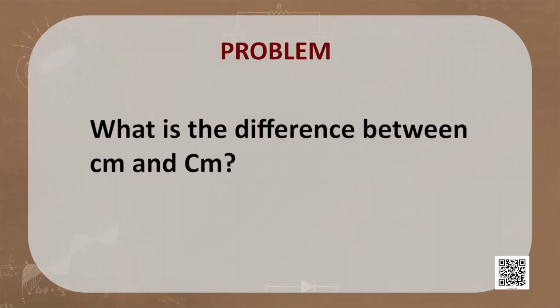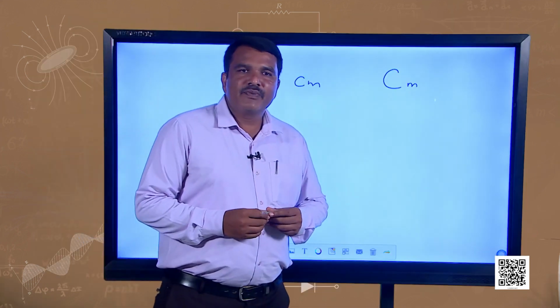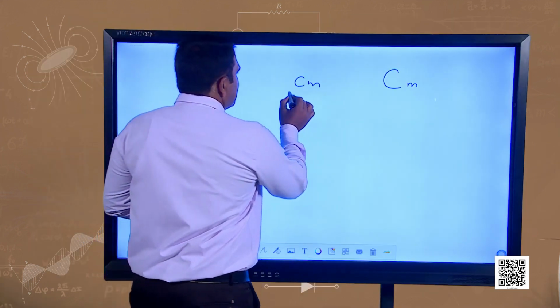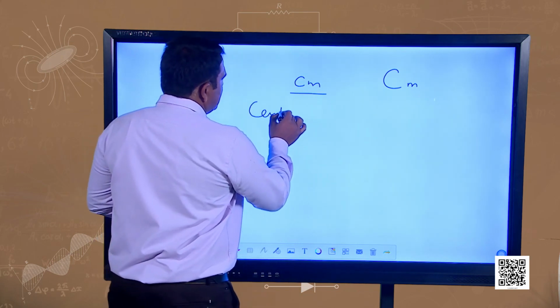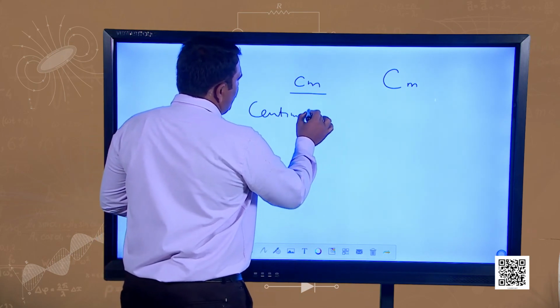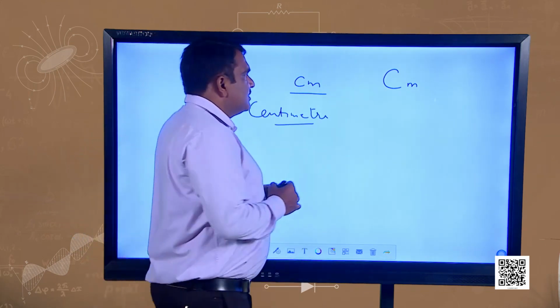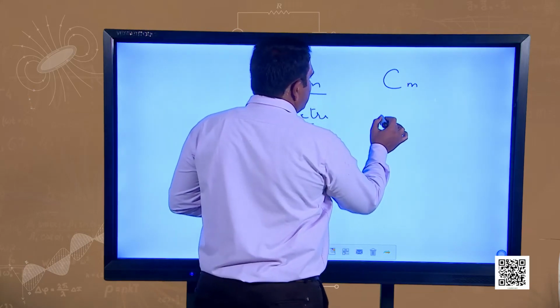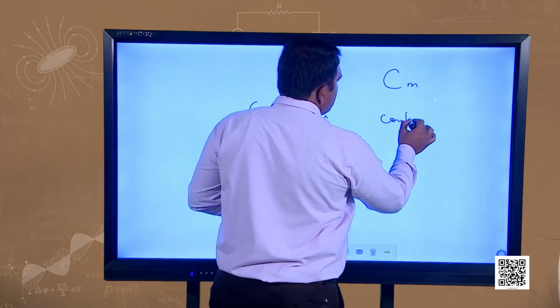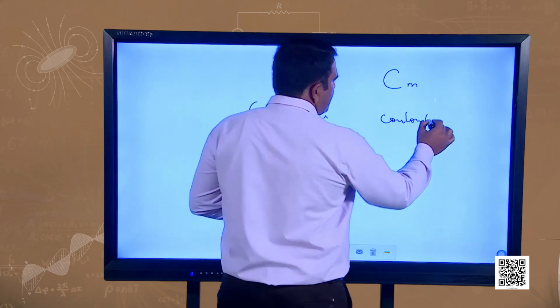Let us see another problem. What is the difference between cm and capital C m? These two look same, but this cm refers to centimeter, which is a unit of length in CGS system, whereas this capital C refers to coulomb and M for meter.